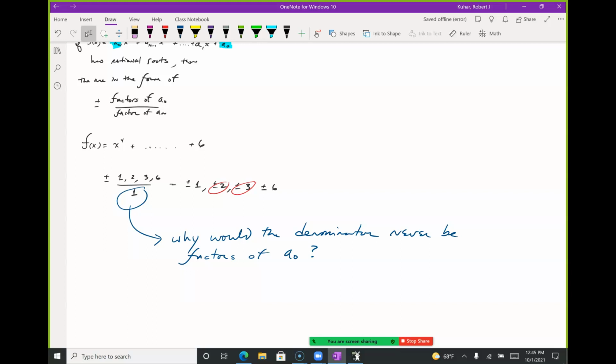Because the constant term could be 0, but the leading coefficient can never be 0. Because if the leading coefficient is 0, it's no longer the leading coefficient. The next term will step up, right? So there's never a leading coefficient of 0. So the factors of the leading coefficient are safe to be downstairs.